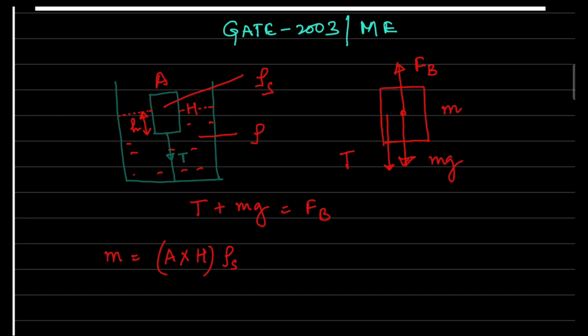Now this body's overall height is capital H, however it is dipped up to a level of small h. So the volume displaced by the body is A into small h.